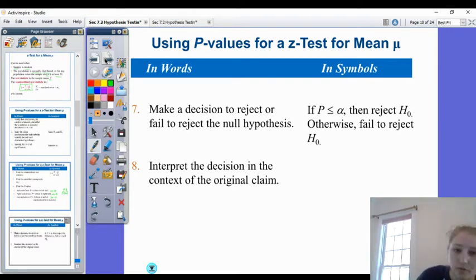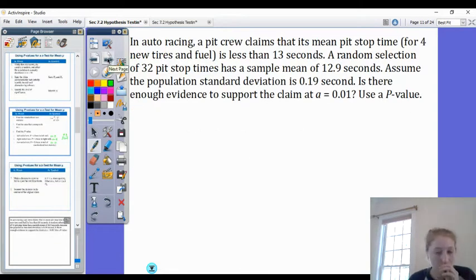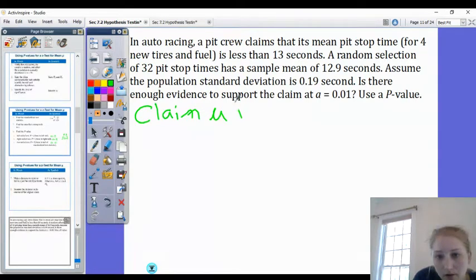Okay, so let's go ahead and knock out an example. In auto racing, a pit crew claims that the mean pit stop time for 4 new tires and fuel is less than 13 seconds. So their claim is the mean is less than 13 seconds.